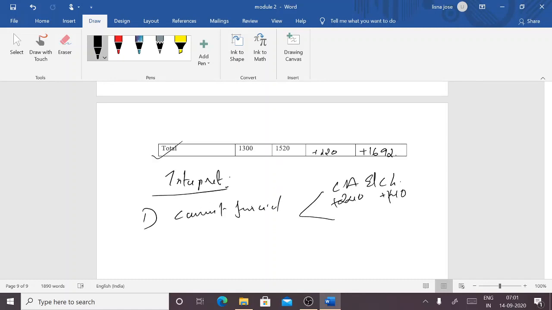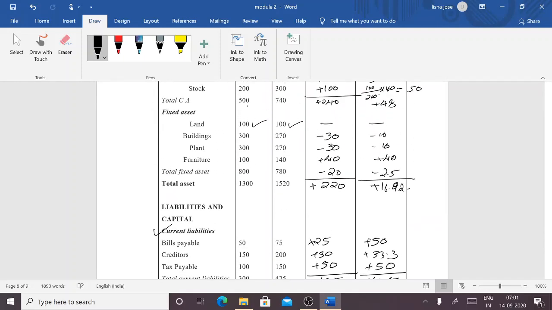Then the second thing is the long-term financial position of the company. How do we interpret the long-term financial position? You just need to interpret it by fixed asset and fixed liability. This is how you need to compare. So here, the total of fixed asset, okay, it is fixed asset.